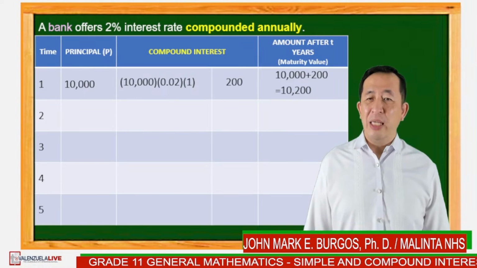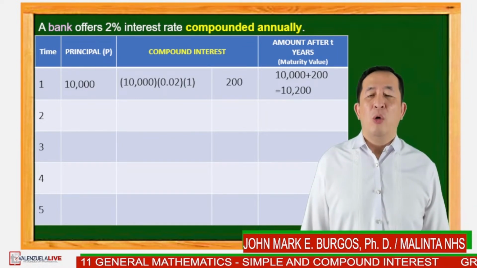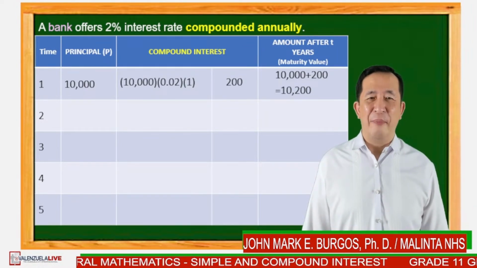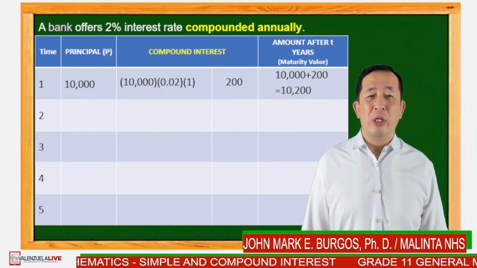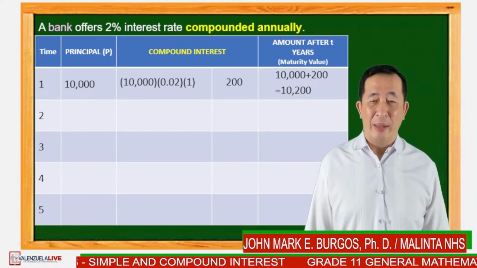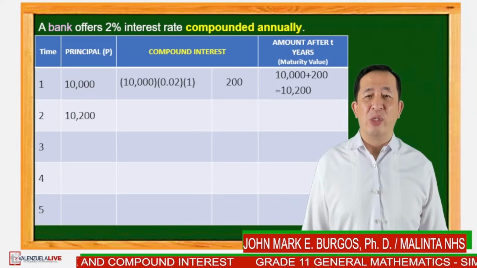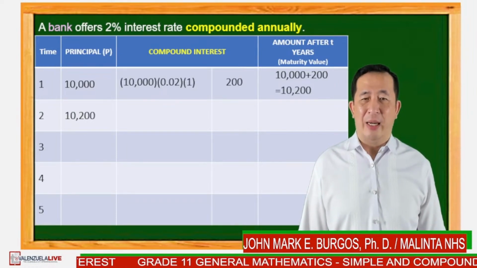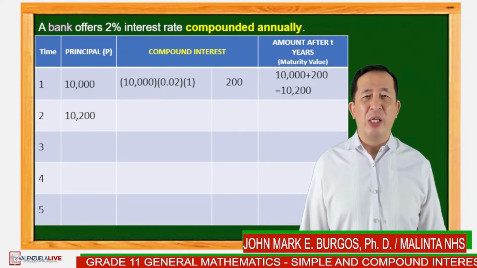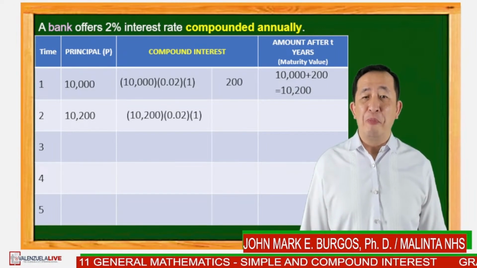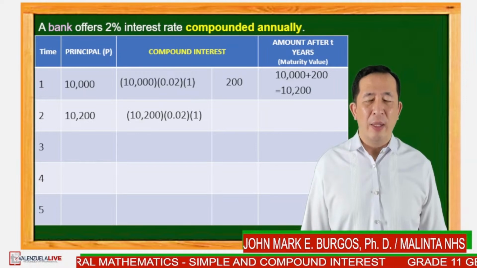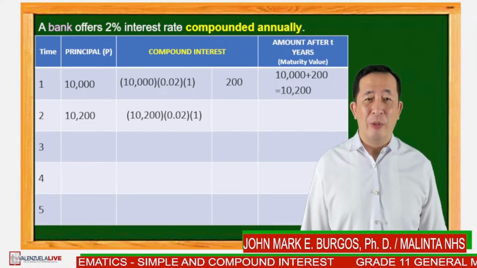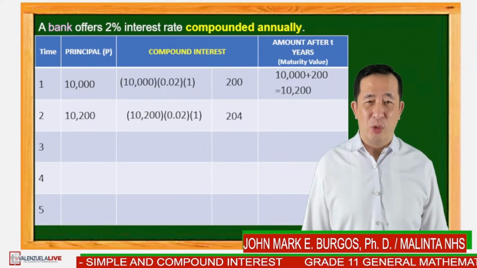On the second year or time 2, we will start this time with the computed maturity value in time 1, which is 10,200. To compute for the compounded interest, we have 10,200 times 0.02 times 1, and the compounded interest will be 204 pesos.